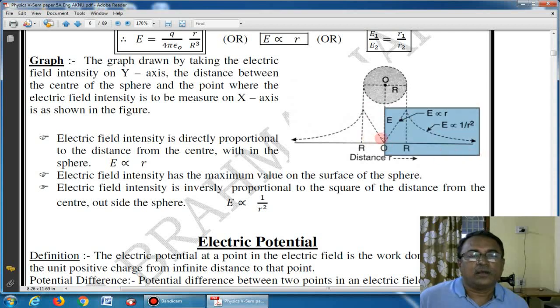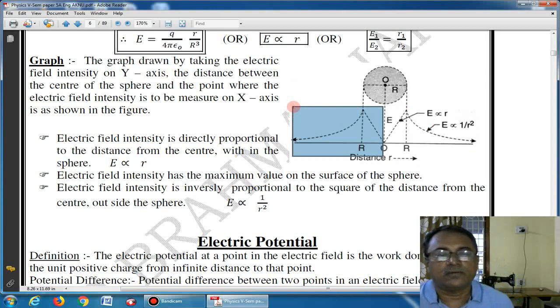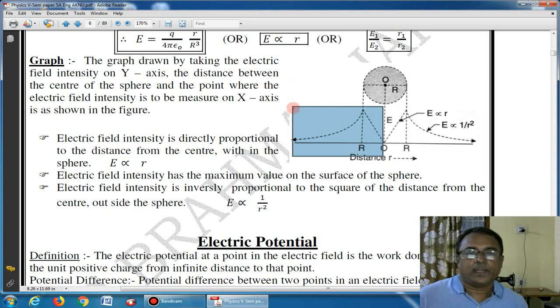But if you take the other side from the center of the sphere, then the same mirror image is observed. So this is the graph on the other side. You can draw any one or both, according to your will and wish.